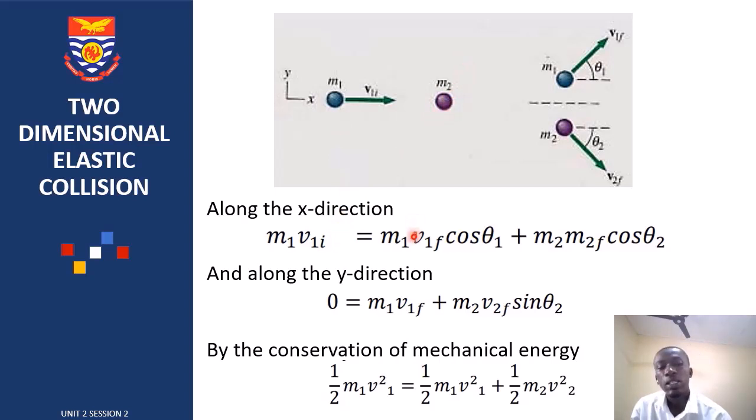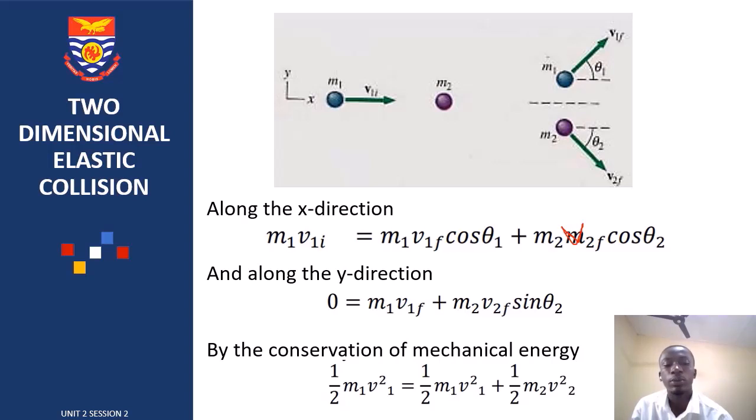But this time around, after collision, they are moving at a particular angle. So the momentum after collision will be m1 v1f, that's the final velocity, cos theta 1, for this particular expression. And the other part, m2 v2f cos theta 2, sorry, there's a mistake here. Let's look at the y direction.